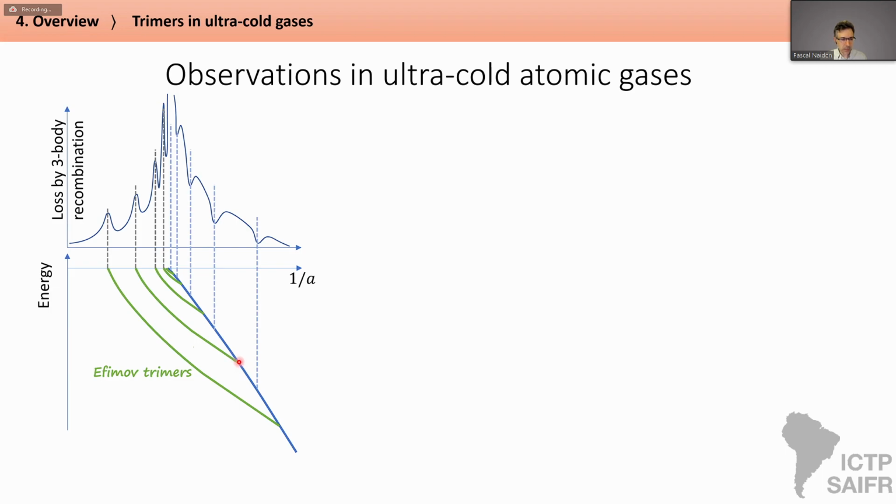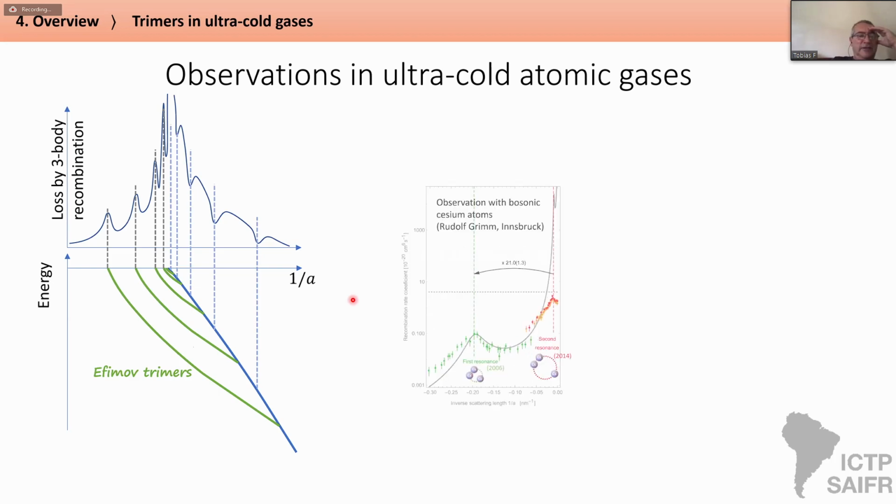So probably here we really have a resonance. But anyway, the final effect is similar, that we have an enhancement of these inelastic processes. Okay, thank you. Thank you, Pascal.